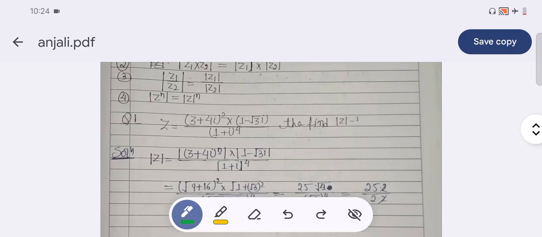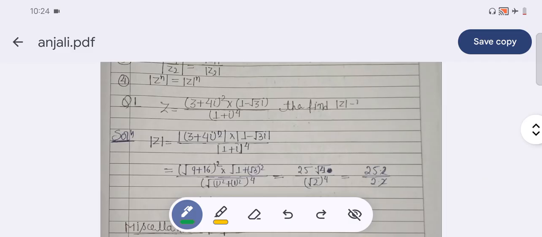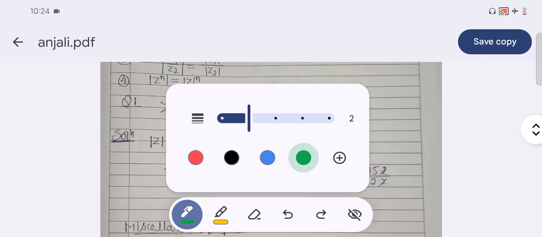Now we will solve another example. Z is equal to (3 plus 4i) whole square multiplied by (1 minus 3i) upon (1 plus i) to the power 4, and we will find the mod of z. When we use mod in the numerator and denominator, it is clear?